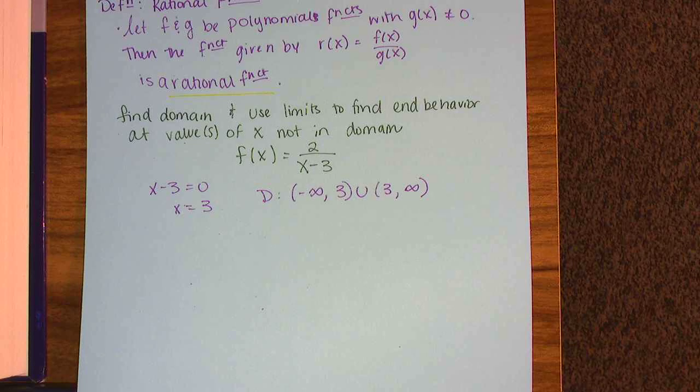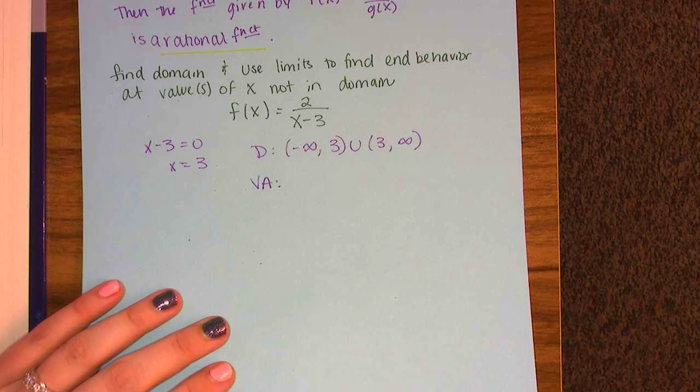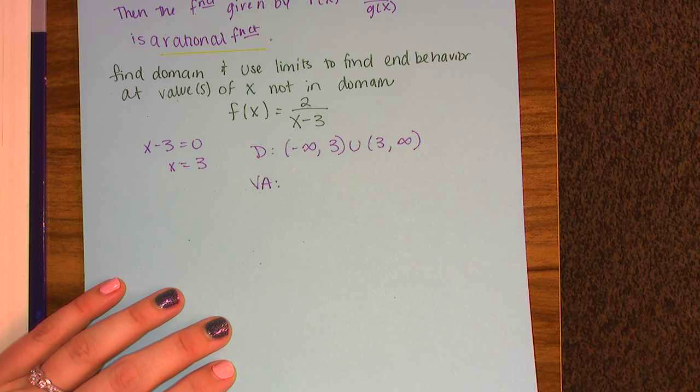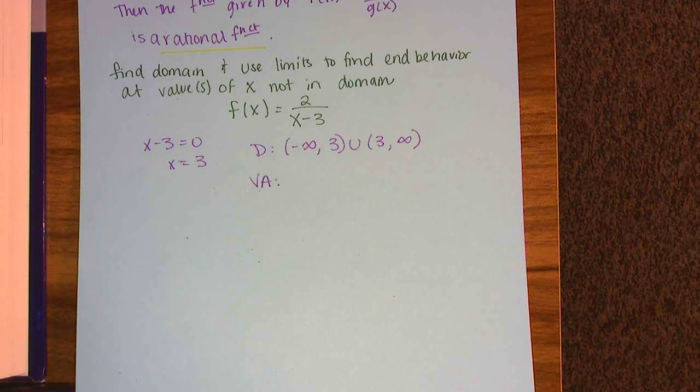Okay, going back to asymptotes. Where is our vertical asymptote? How do we get a vertical asymptote?